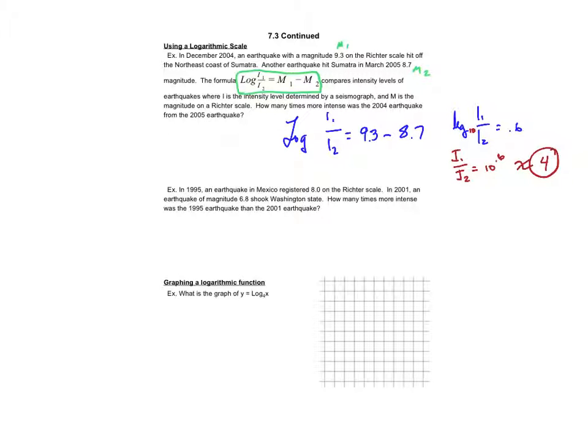If we do the same here on this next example, registered 8.1 in 2005, against 6.8. How many times more intense was it?